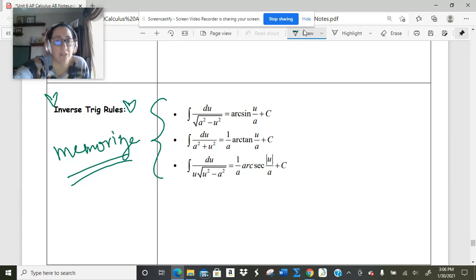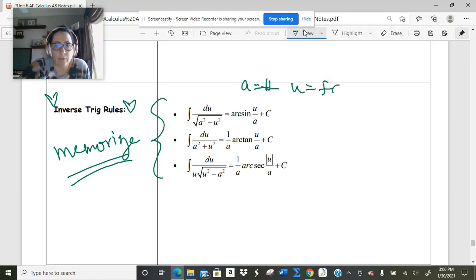Lots, I know, but get your flashcards going. But now I can see a is some number and u is some function of x going on, okay? When I have the function of x squared and I have the derivative up above with the radical of some number, and we can always square root it to get the square, okay? Minus the u squared, this is arcsine.